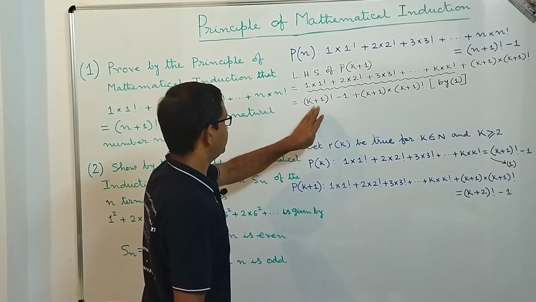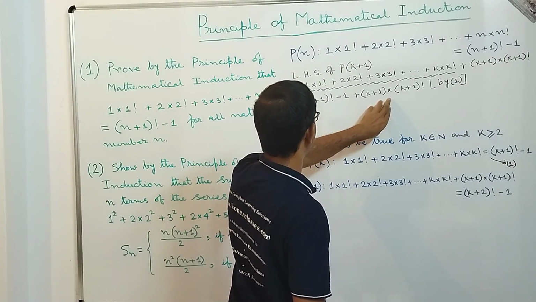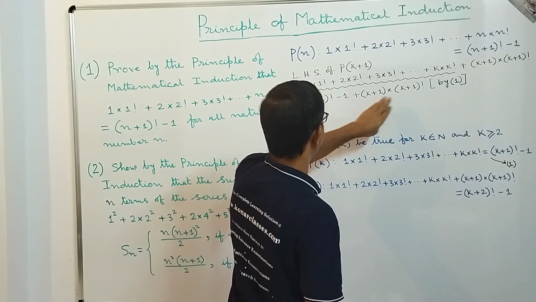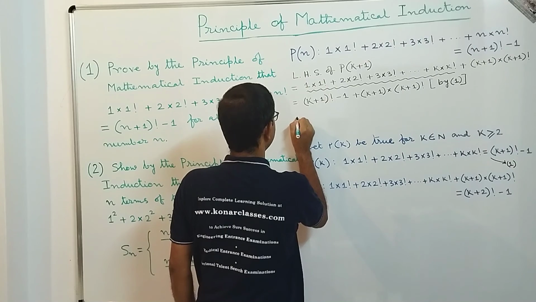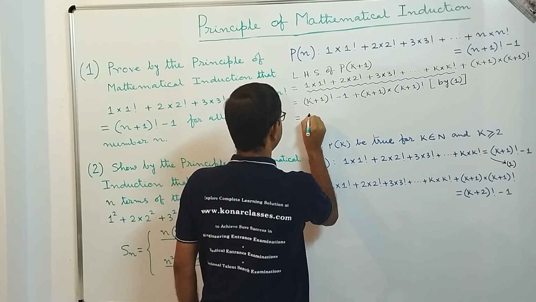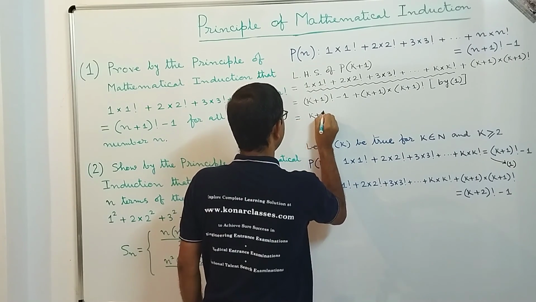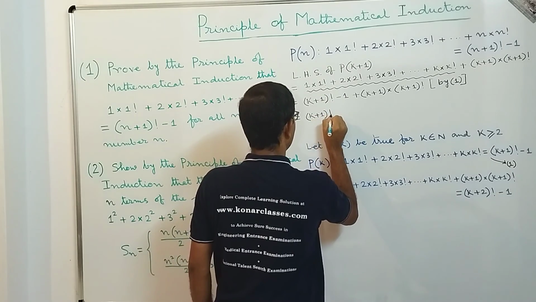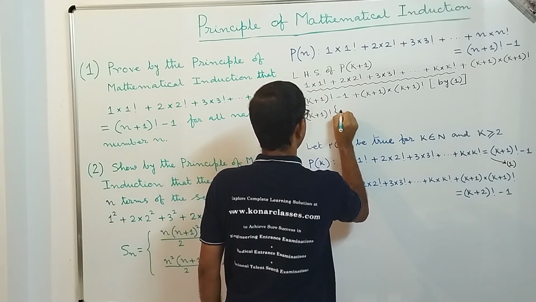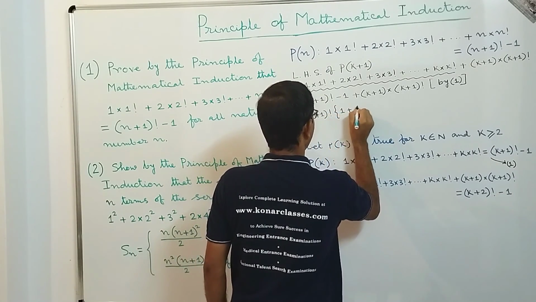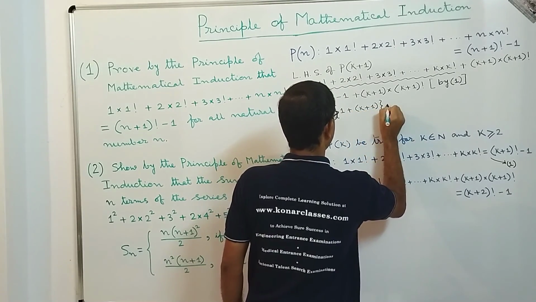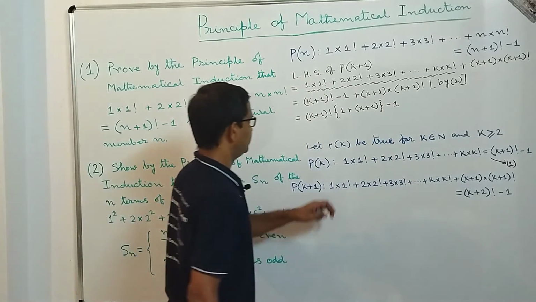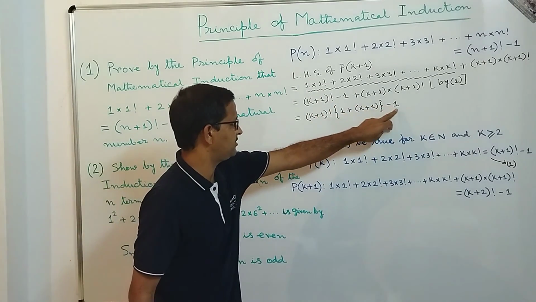Now from these two terms, dear students, we can take (k+1) factorial common. So we write (k+1) factorial common, then what we get here is 1 plus (k+1), minus 1. See, minus 1 as it is, I kept it here.